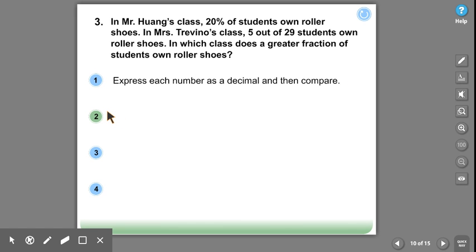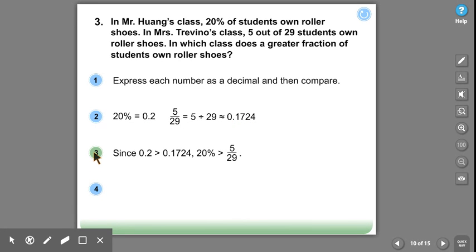My recommendation is if ever you have fractions that you're comparing, it might be easier to turn them all into decimals because decimals are easier to compare. So 20% is 20 over 100 or 20 divided by 100. That equals 0.2. 5 over 29 is the same thing as saying 5 divided by 29, and that's just about 0.1724.